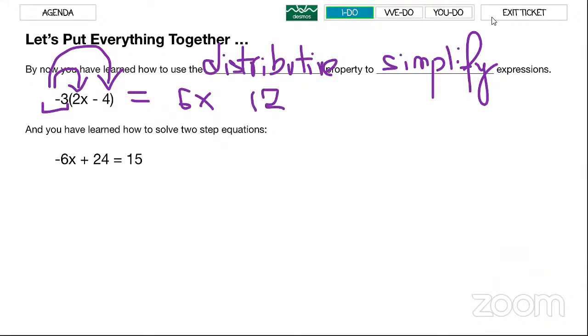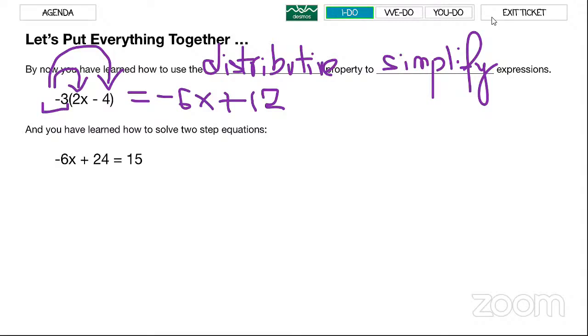The next thing you need to know: if you see a negative sign in front of the parentheses, which is the number -3, every single sign inside the parentheses will flip to the opposite. So for example, 2x is positive. Because of that, the first term will become negative. And in front of the 4, there is a negative sign. Because of that, in front of the 12, it becomes positive, because of the negative sign in front of the parentheses.